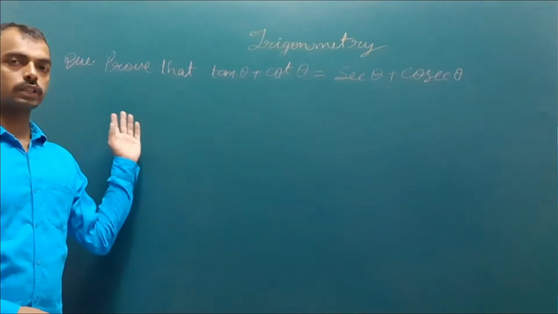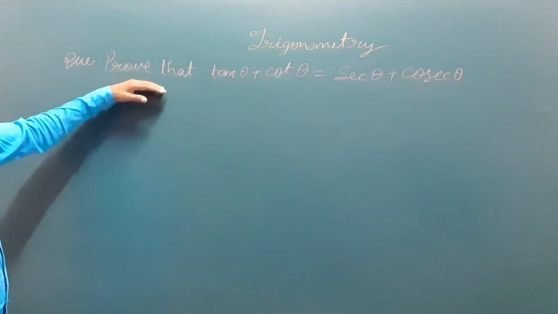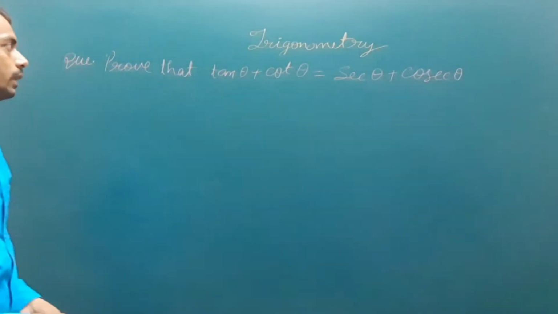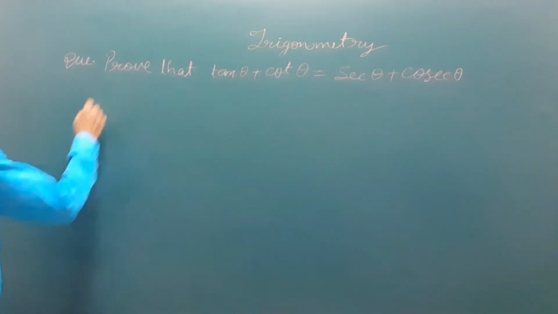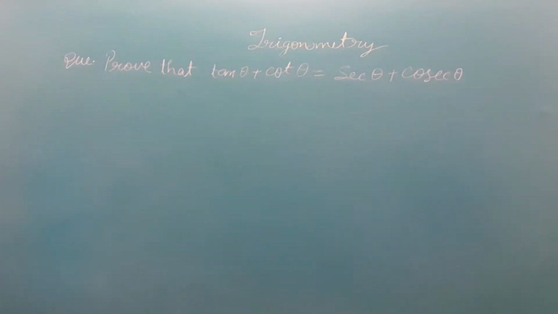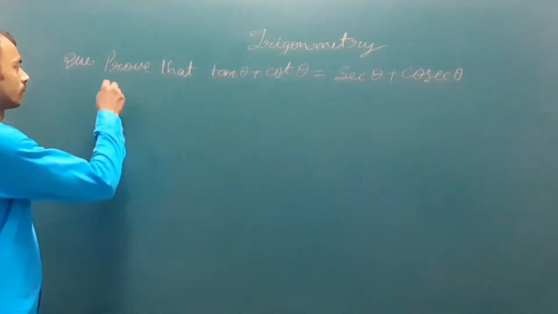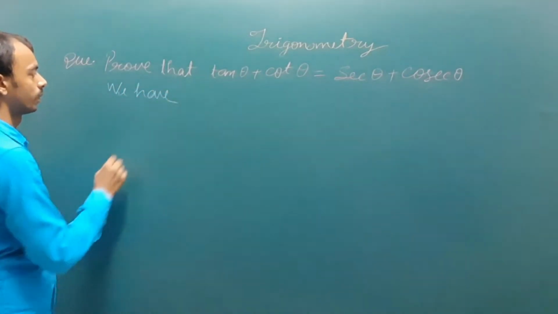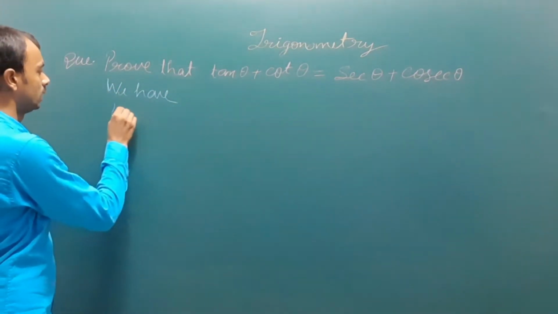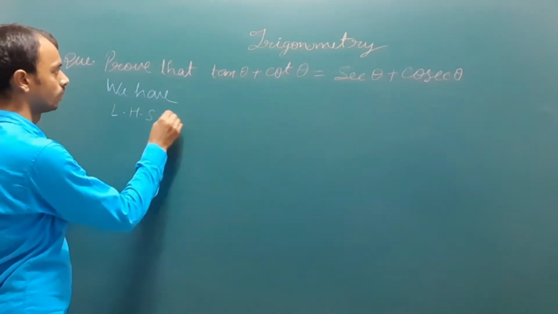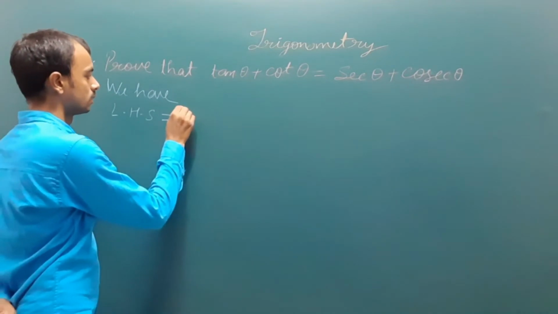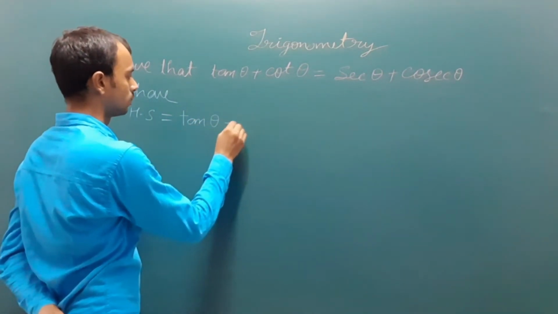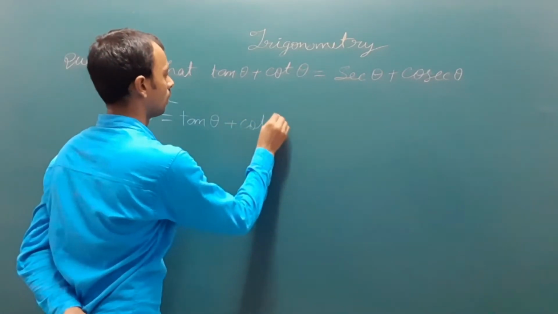Now consider the next question, that is prove that tan theta plus cot theta is equal to sec theta plus cosec theta. Now at the left hand side, we have tan theta plus cot theta.